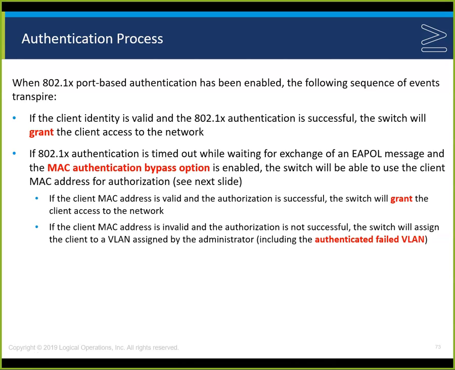So what this says is that it timed out waiting for the exchange of the Extensible Authentication Protocol over LAN messages. What that typically means is that the client, the supplicant, is not capable of doing 802.1x. As far as Windows goes, this is built into Windows since Windows 7.